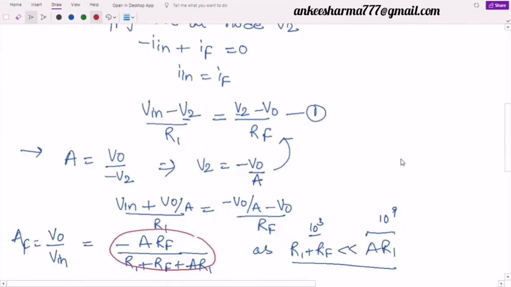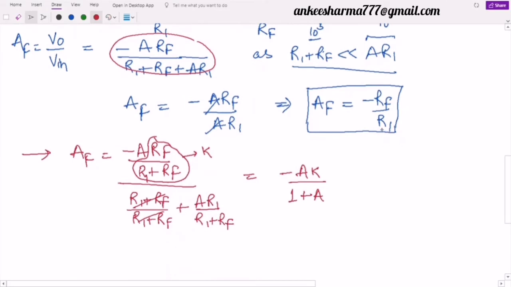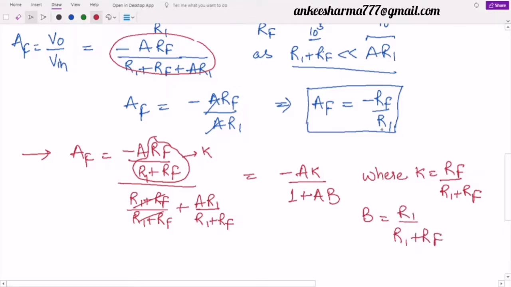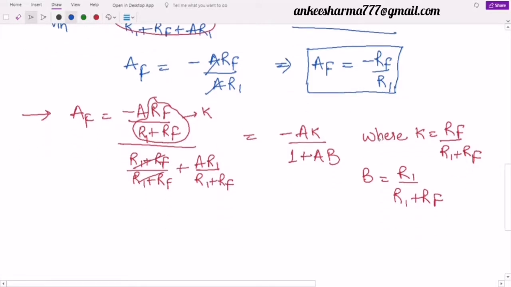So K is equal to RF upon R1 plus RF, and beta is equal to R1 upon R1 plus RF, where beta is the gain of the feedback circuit.